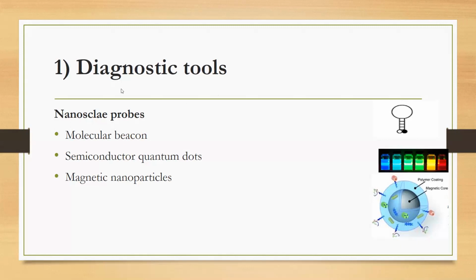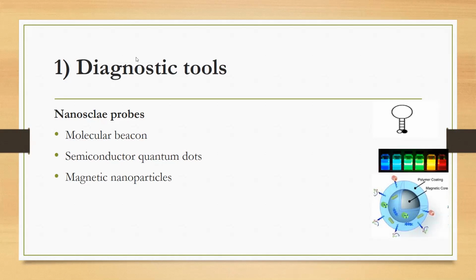So in the diagnosis of the cardiovascular diseases, we can use various nanomaterials as nanoscale probes. So probes are actually those materials, those molecules that specifically target, that specifically detect a specific point in a lot.